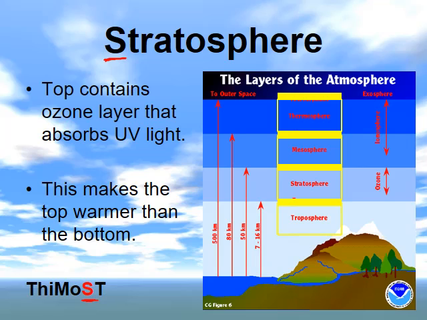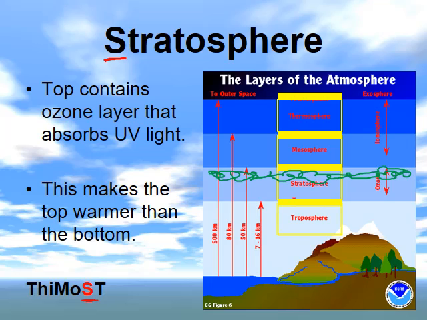And because the ozone layer up here is capturing that UV light, it makes the top of the stratosphere warmer than the bottom of that stratosphere. So that's why the top of the stratosphere is warmer, is because of the ozone layer.